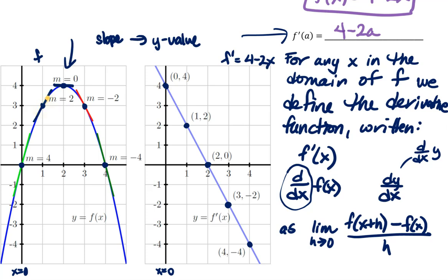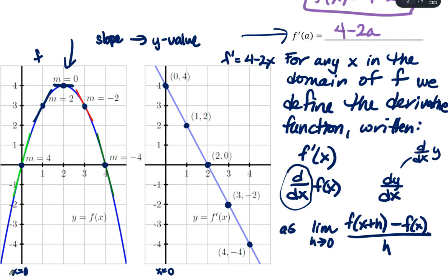Our tangent lines are less steep, and they continue to do that until right at x equals 2, we have a slope of 0. And then after that, our slopes become a little bit negative, and then more negative, and more negative, and more negative. And remember, I'm talking slopes, not y values. It's really hard to train your brain to think that way at first.